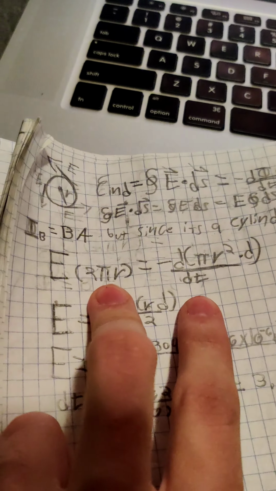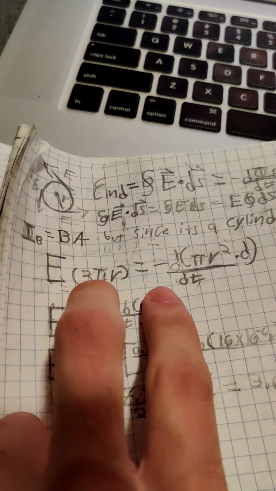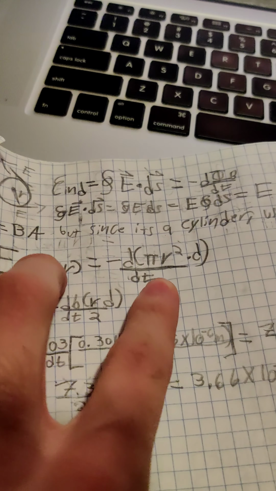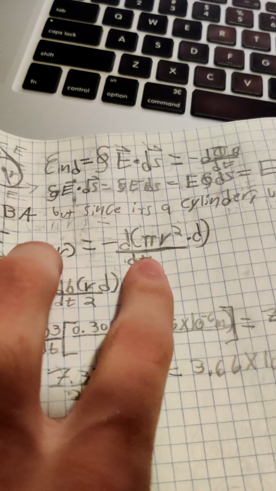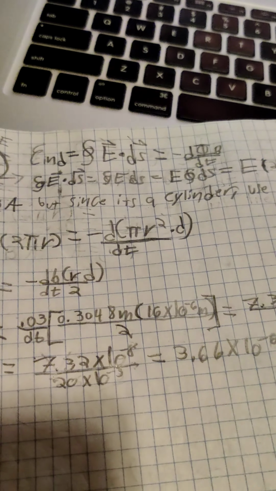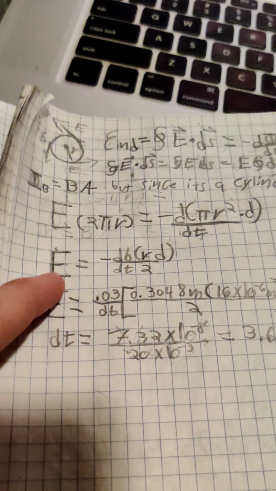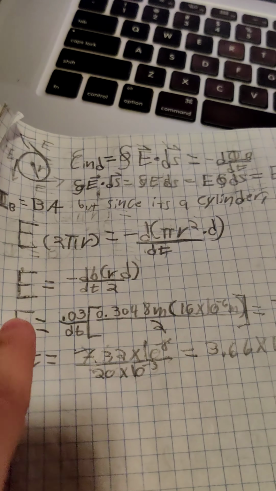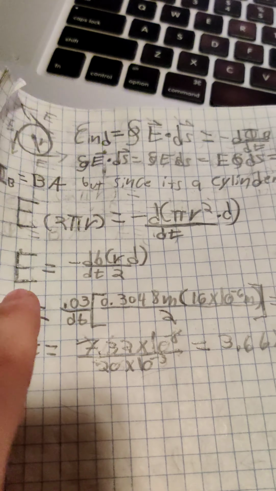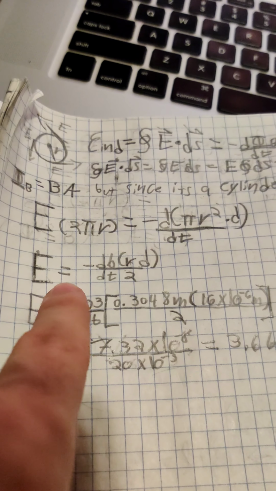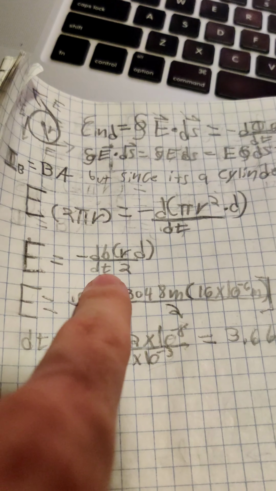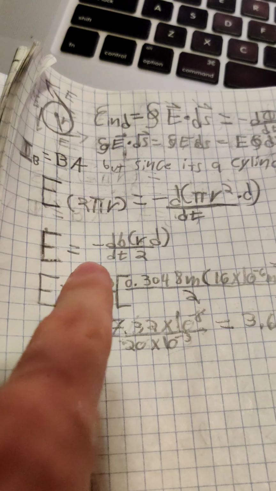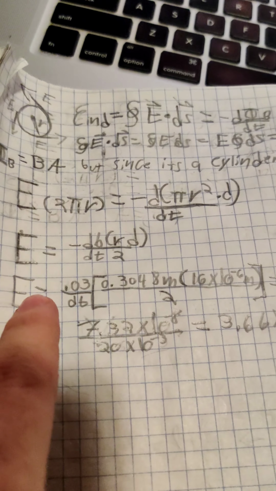So we would have E times the circumference is equal to this formula right here, and so I just divided by the 2 pi r, and so that's how I was able to get my E alone. So we can find the dt later on.